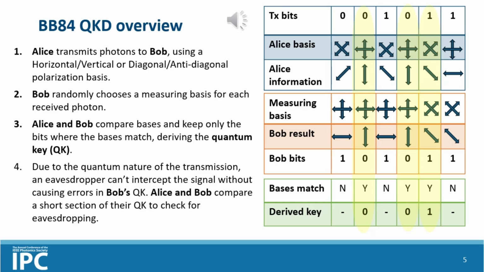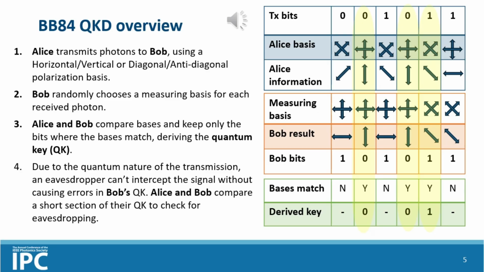So that's highlighted in yellow on the table on the right. The leftover bits shown on the bottom row is the derived quantum key, and that's the key that they would use to encode and decode their secure information. The inherent security from this protocol comes from the quantum nature of the transmission. If an eavesdropper has been intercepting the photons, then that will induce errors in Bob's quantum key.